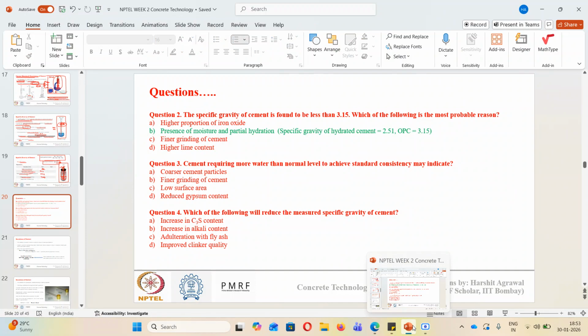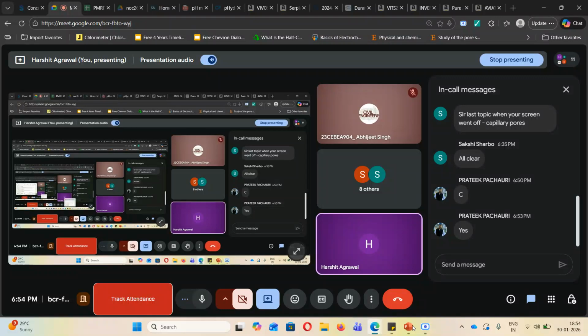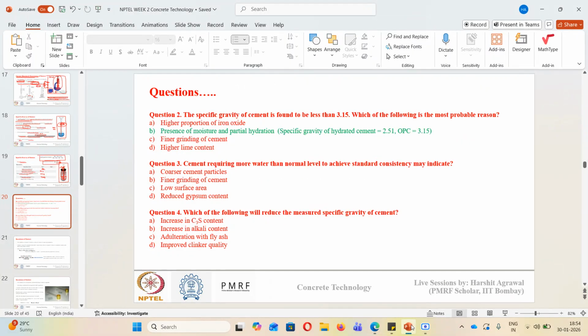Suppose normally an OPC bag requires 30% water to achieve standard consistency. Now I got a new OPC bag, but it is requiring 40% water to achieve standard consistency. Then what can be the reason for this? Why is it requiring more water? Can you tell me what will be the answer for question number 3? Anyone?